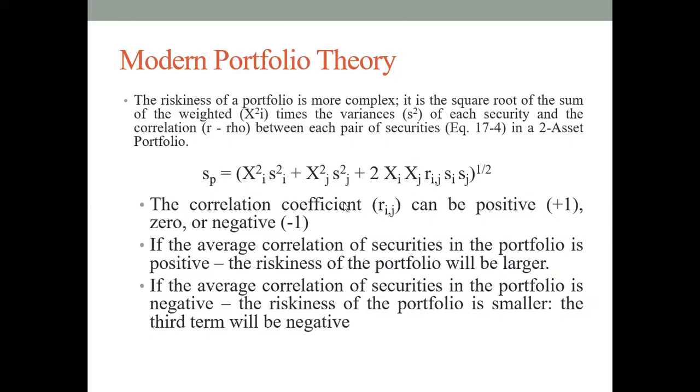Now there is another method of calculating standard deviation, and where that method comes from, I will show you the slide again, this one. Now I will apply that formula of modern portfolio theory. The Sharpe ratio was introduced by Mr. Sharpe, and I just forget the name of the scientist who introduced our portfolio theory.